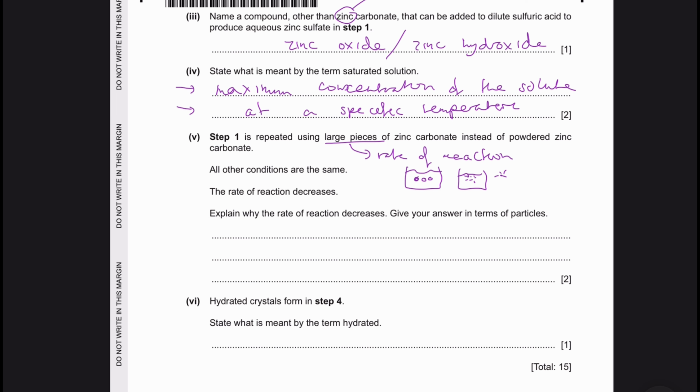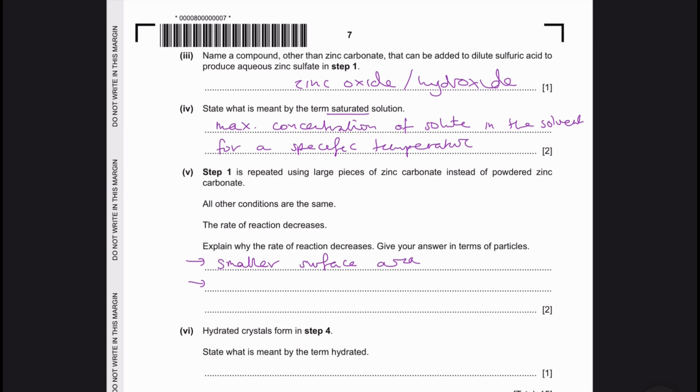So that means the rate of reaction will decrease because there is less surface area of larger pieces of any carbonate, any oxide, any metal. And we also need to talk about the less frequent collisions of the particles of the acid with the zinc carbonate.